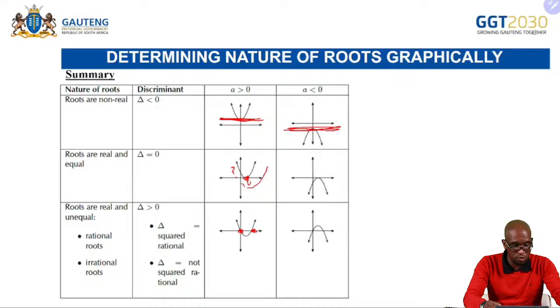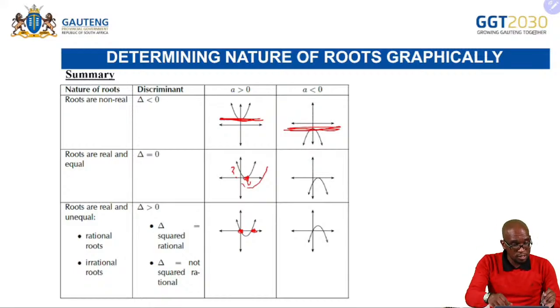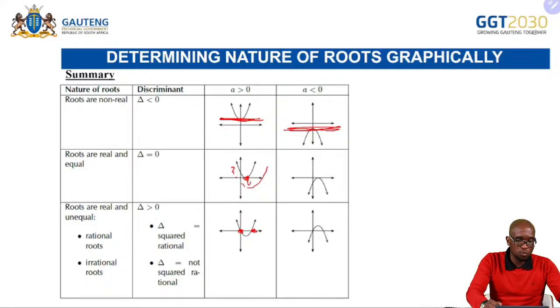That is how we're going to be determining this nature of roots. If you move the graph up and down, you can see that there's somewhere where the graph does not cut the x-axis, there's somewhere where the graph cuts the x-axis once, and there's somewhere where the graph cuts the x-axis twice. You can do that with a concave up or a smiling parabola. You can also do that with a frowning parabola.